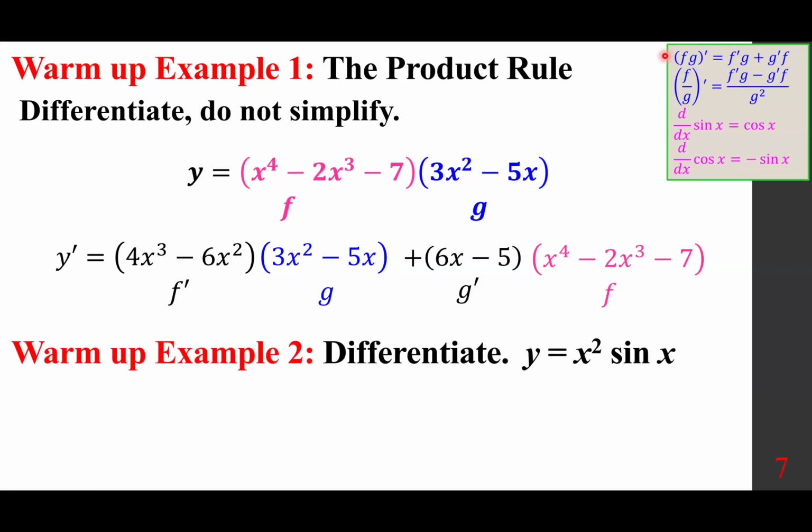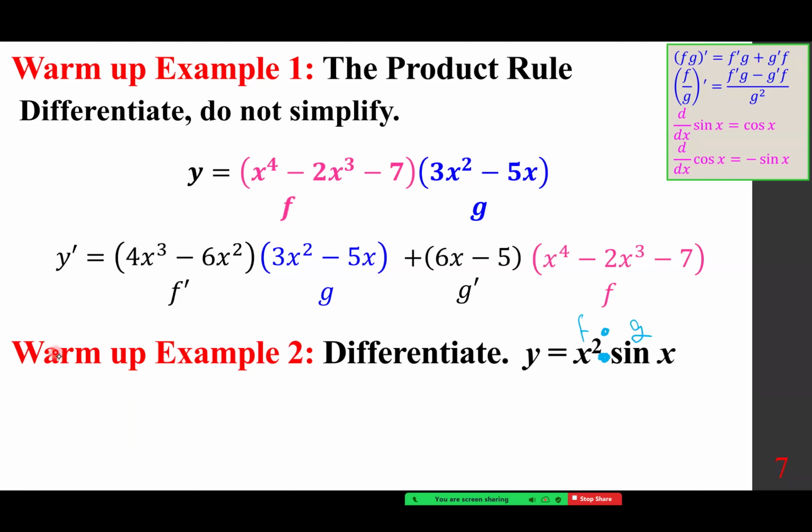Now, we want to differentiate this one. y equals x squared times sine x. Please understand it's a product rule, so I'm going to put a raised dot in between, and then I'm going to call this the f function, and this one the g function.